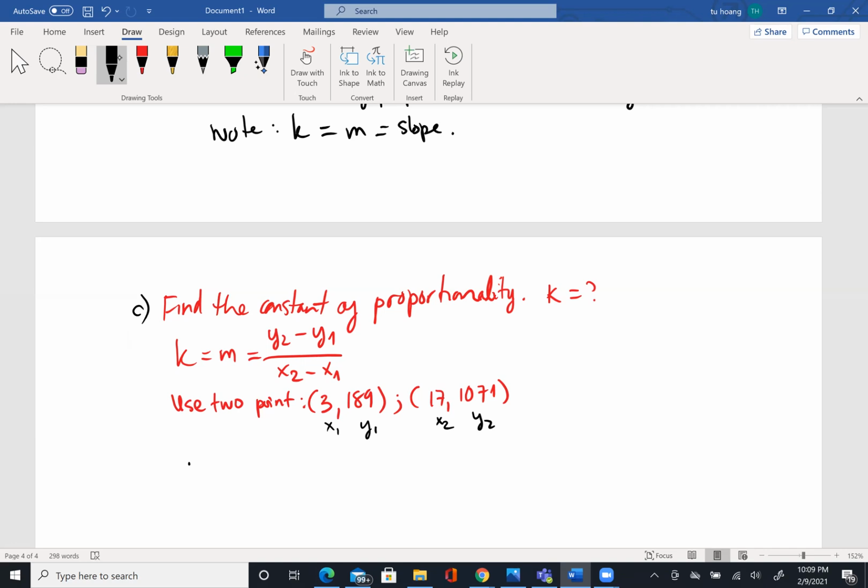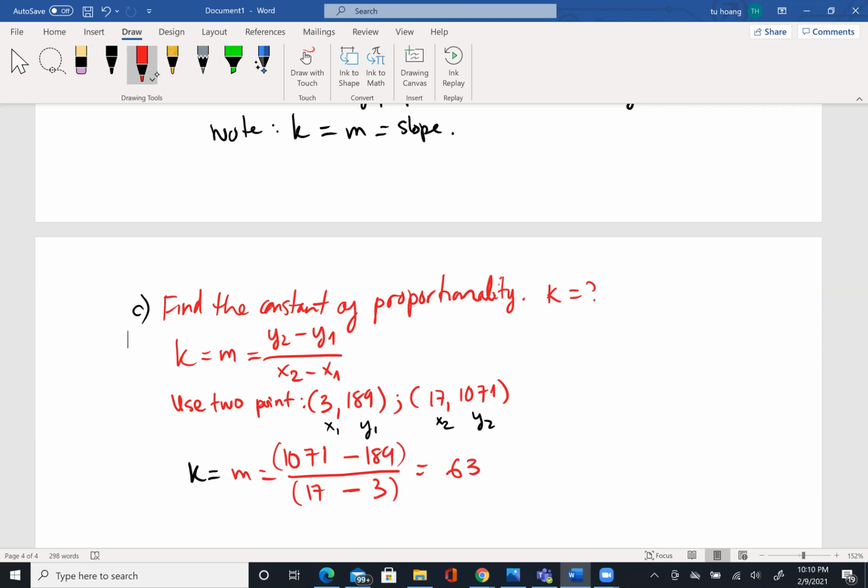Now I have k, or m, will be equal to y2, which is 1,071, minus y1, which is 189, over x2, which is 17, minus x1, which is 3. Then I use a calculator and calculate this, and k or m in here is equal to 63.